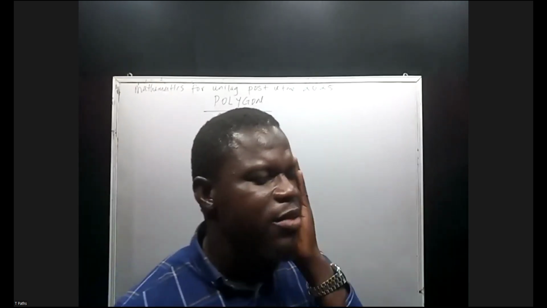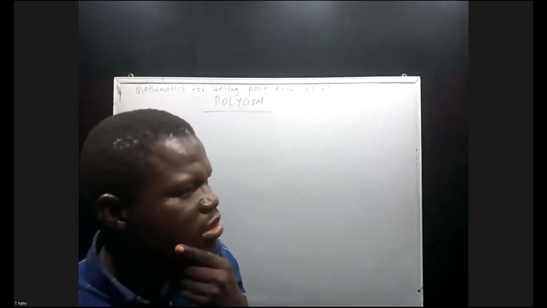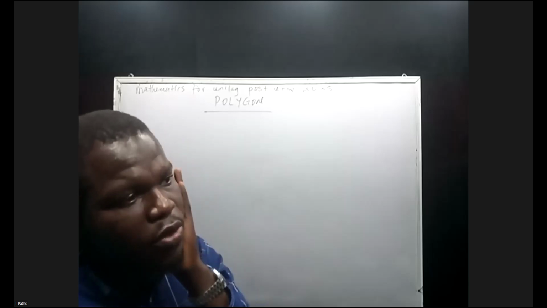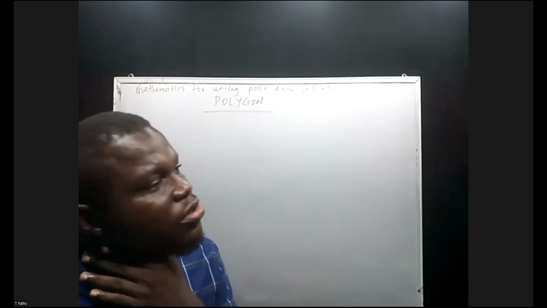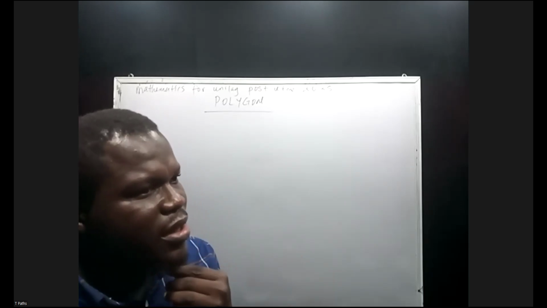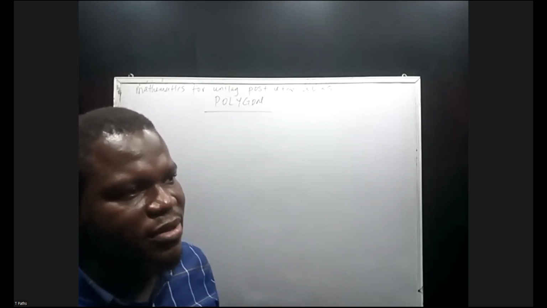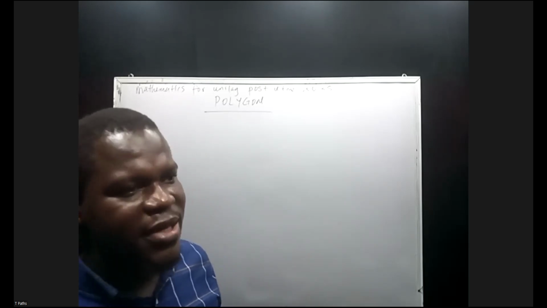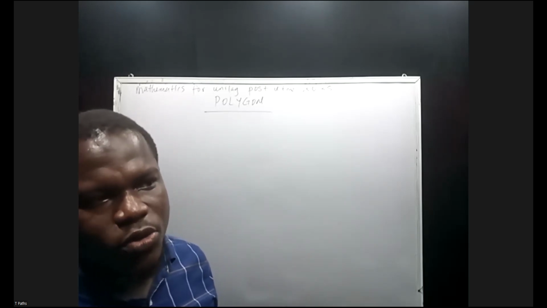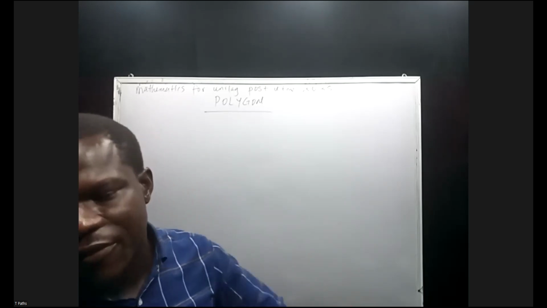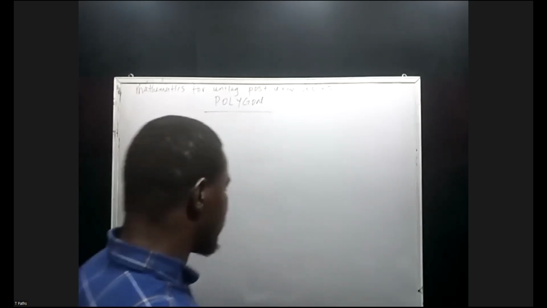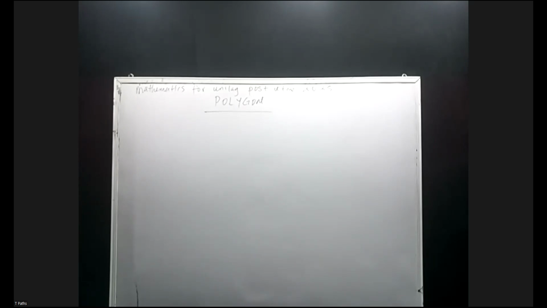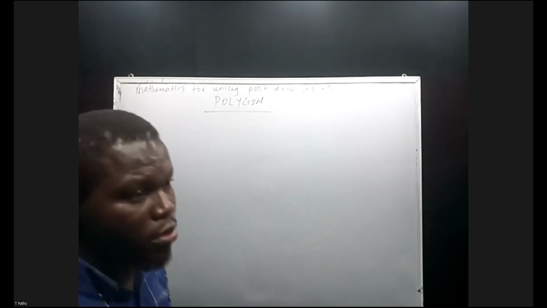It's a simple topic. It's just that some of you believe you are not good in maths. It's just that you have not tried to follow some patterns. There is a definition in maths, there is a formula. So for today, we are going to be talking about polygons. We know there are types of polygon.